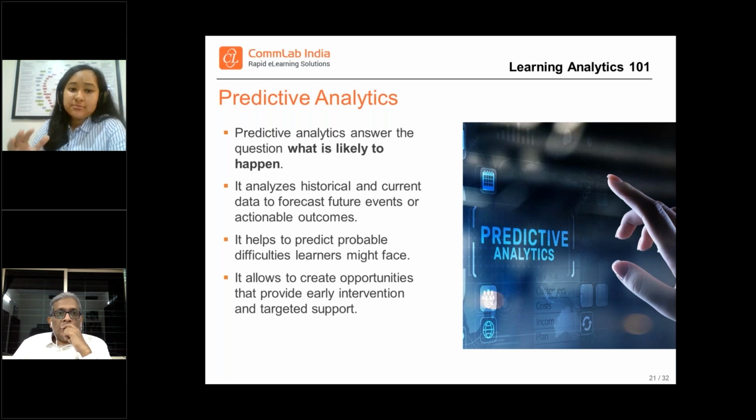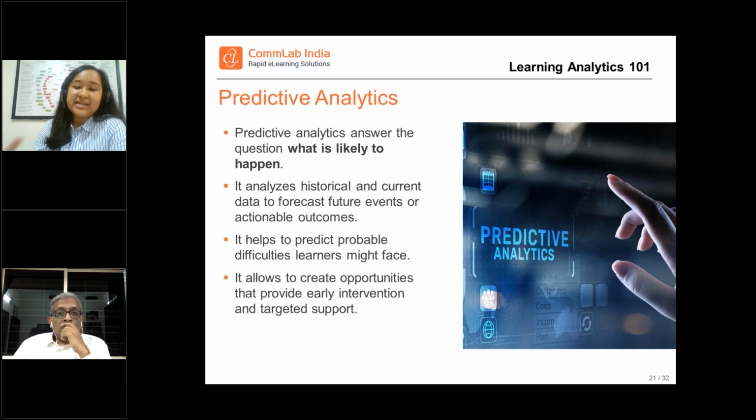Predictive analytics gives us the answers to questions such as what is likely to happen. What is likely to happen is obviously something which is going to happen in the future. So it helps you make targeted solutions or targeted support for your learners, so there's no hindrance in the smooth learning process.